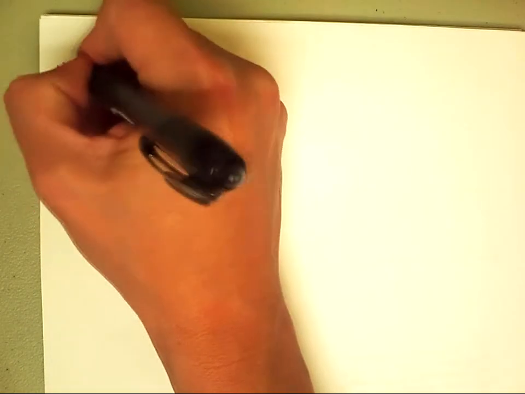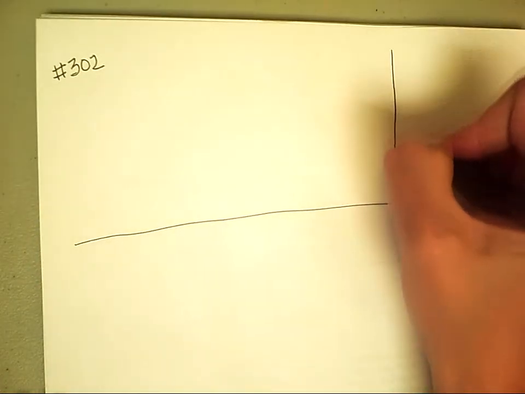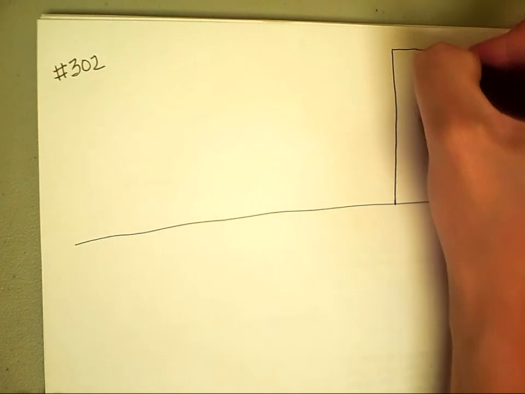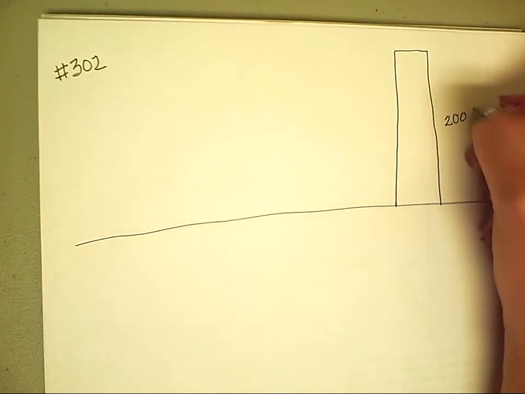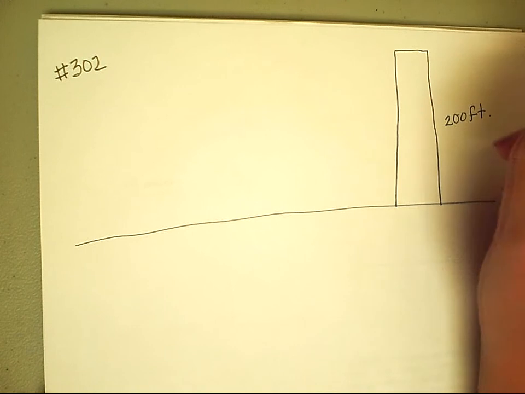Let's do 302. You should be watching this video as you're trying to do your homework, to reference this. Okay, number 302. First of all, we have to set it up properly. I have a monument some distance away, and we are told that it is 200 feet tall.